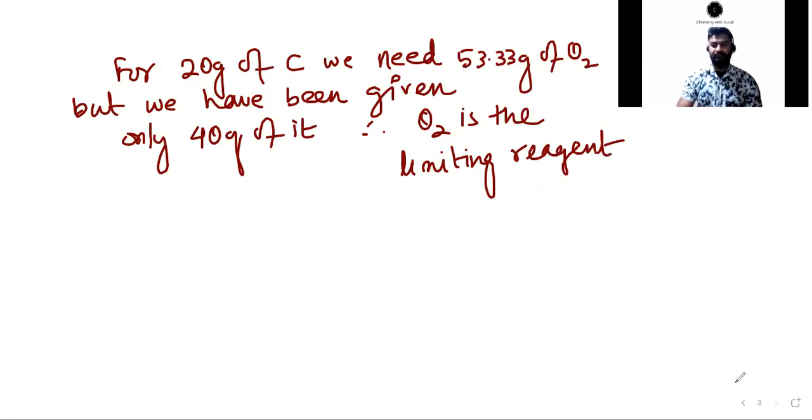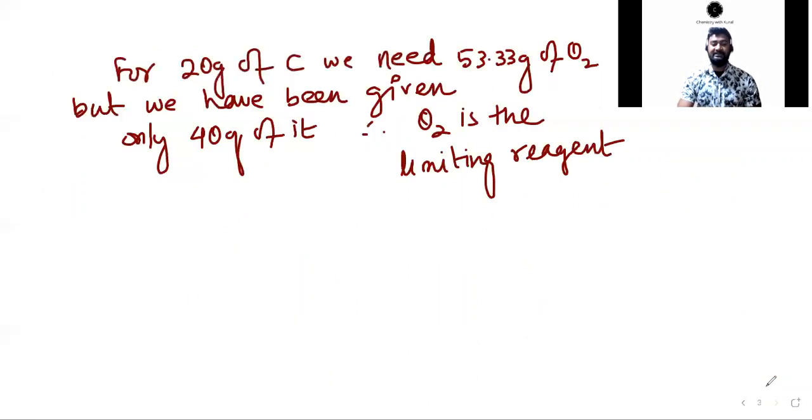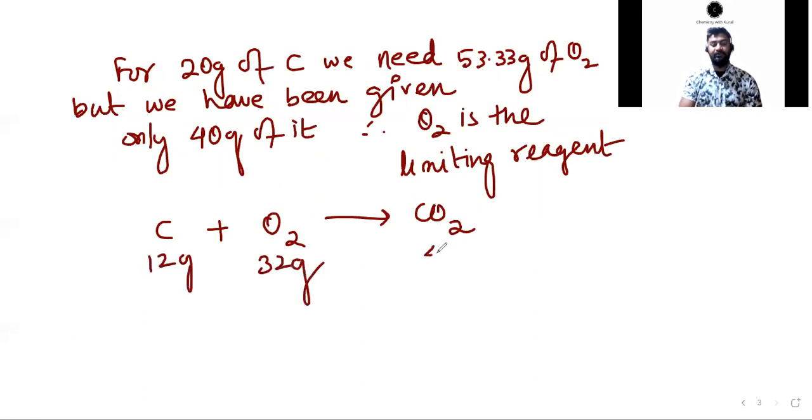Now, fine. We got how to find the limiting reagent. But what does it mean? How is it going to affect the answer? So let's understand that also. Let's add the stoichiometry once again. C plus O2 giving us CO2, 12 grams, 32 grams, 44 grams, right? Whichever is the excess reagent, delete it.